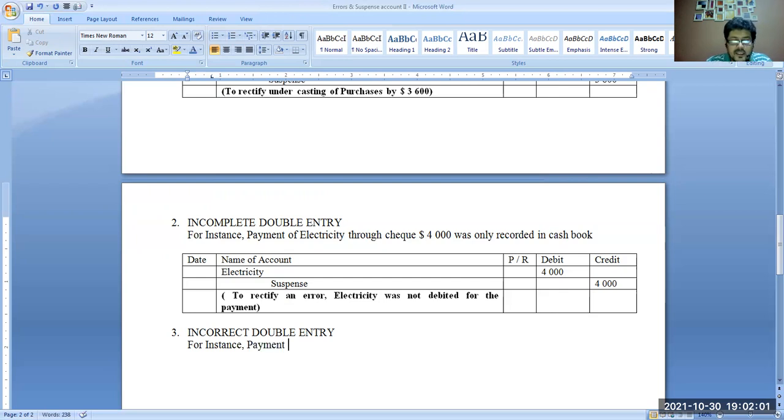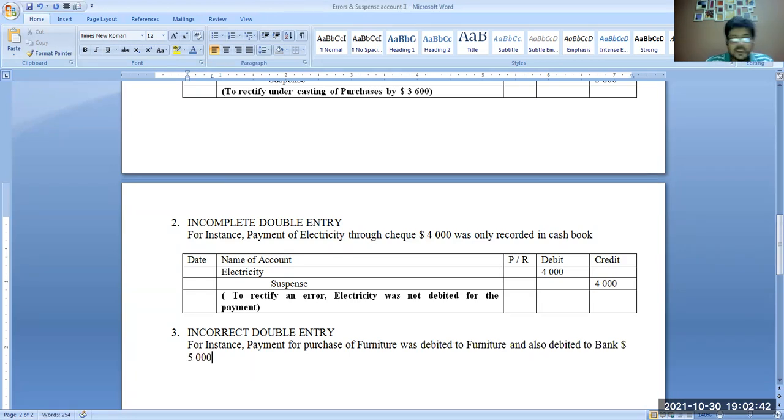payment for purchase of furniture was debited to furniture and also debited to owner.